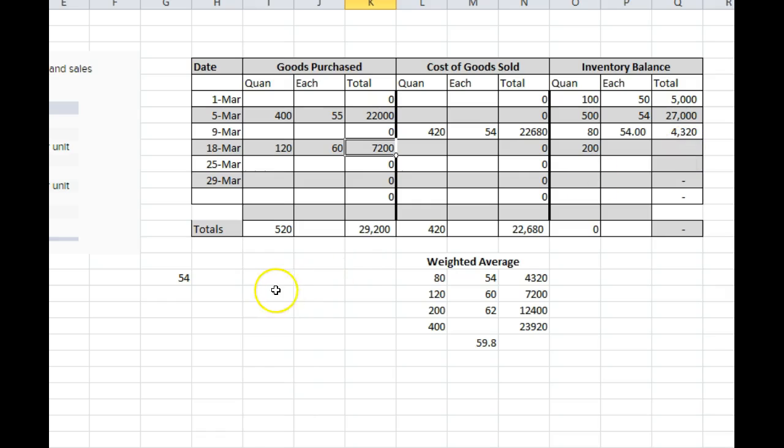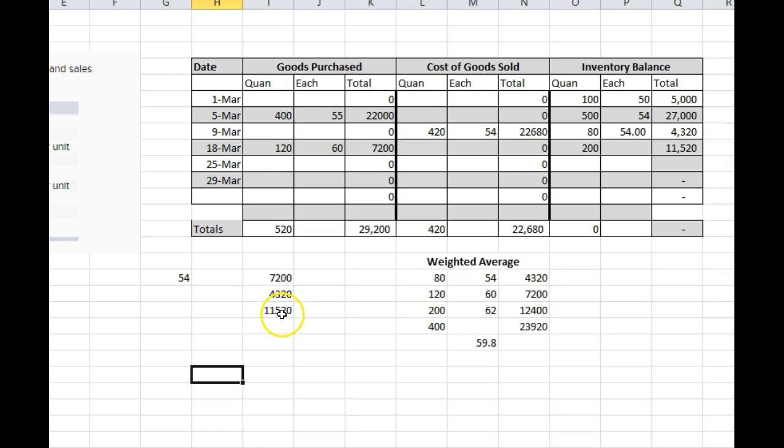And that comes to, if you just want to do 7,200 plus 4,320, you will come up with a new inventory value, and that would be 11,520.